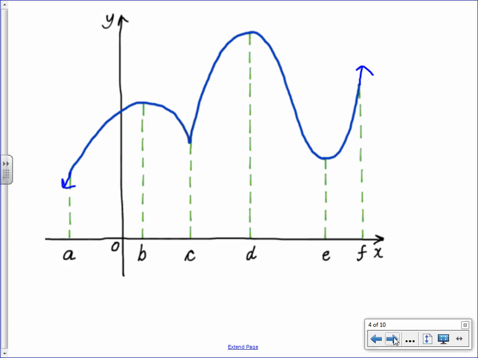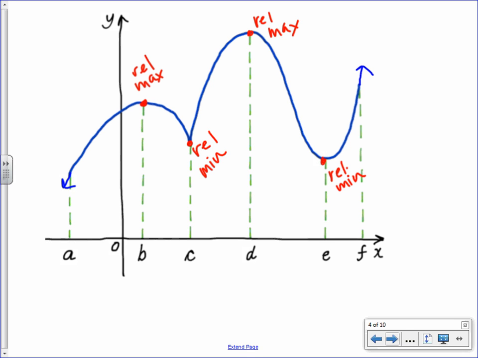So here we have a relative maximum at x equals b. At x equals c, we have a relative minimum. At x equals d, we have a relative maximum. And at x equals e, we have a relative minimum.